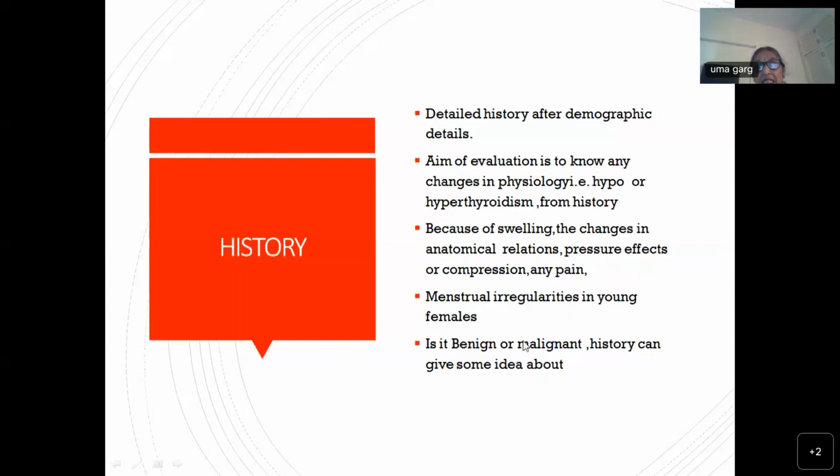More important than these is to decide by evaluation whether it is a benign or malignant lesion. And also history can give some idea if you take a detailed history.